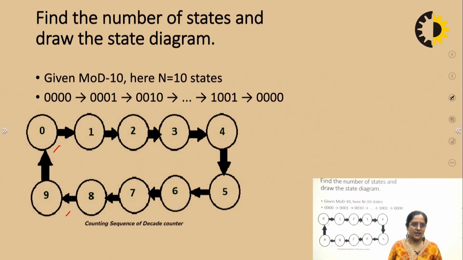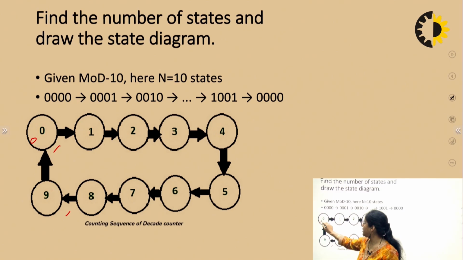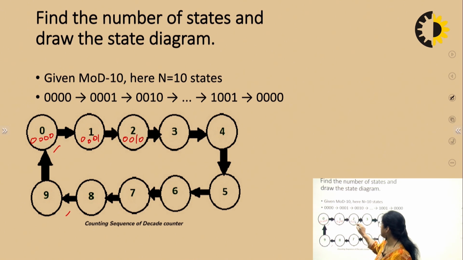So, this is a state diagram. You can represent it with the states or with the binary value also. It all depends on you how you represent the state diagram, whether you use binary or decimal values to represent the state.